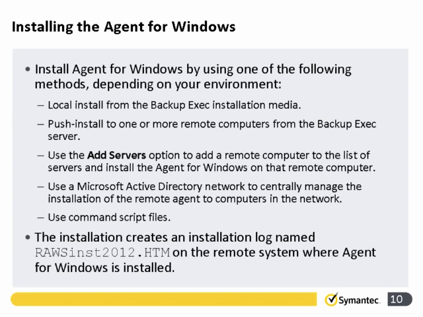I can use Microsoft Active Directory to manage that installation, or I can use a command script if I choose to. The installation itself logs all the information about the installation in the file that you see here, rawsinst2012.htm, and this log file will be on the agent side at the end of that installation.